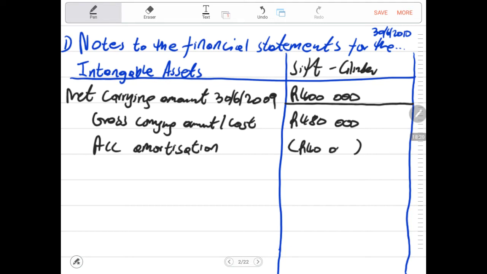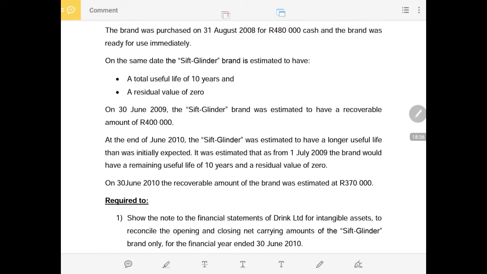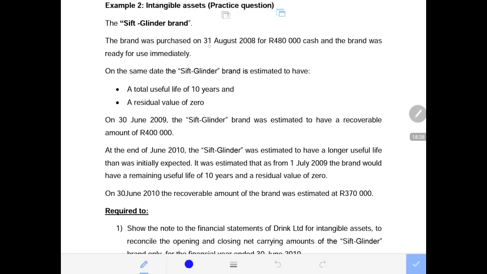It is 40,000 rands. Remember, our amortization is calculated from the date the asset was ready for use, which is 31st of August, up until the date of the recoverable amount. Our recoverable amount is at 30th of June 2009. So we calculated that this should be a period of 10 months, September, October, November, December, January, February, March, April, May, June, meaning now June 2009 is 10 months.